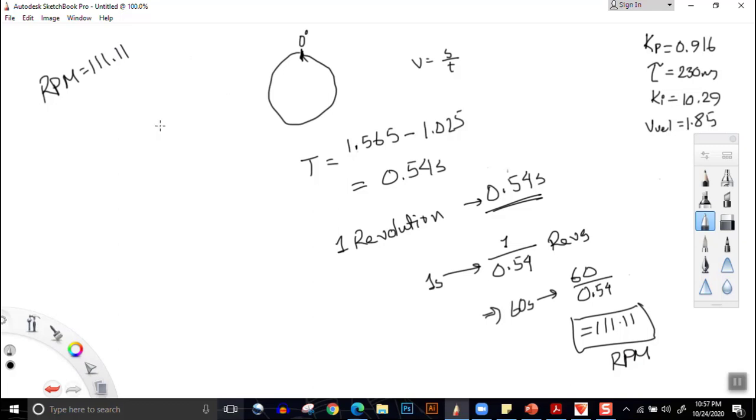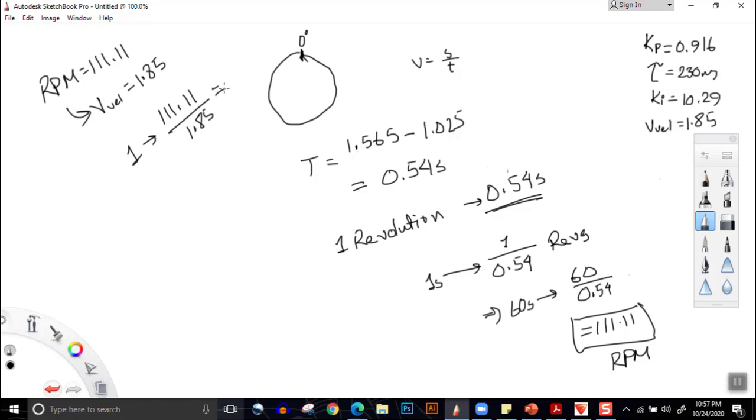Another thing to be noted is that this RPM of 111.11 is converted into voltage, where V well is equal to 1.85. So 1.85 volts means 111.11 RPM. So 1 volt will indicate 111.11 divided by 1.85 revolutions per minute.